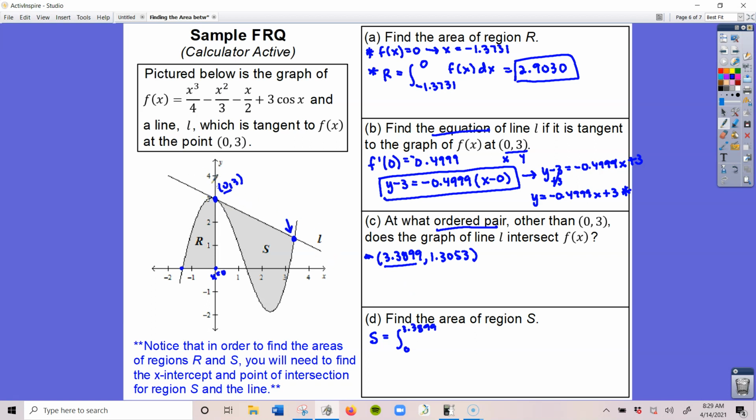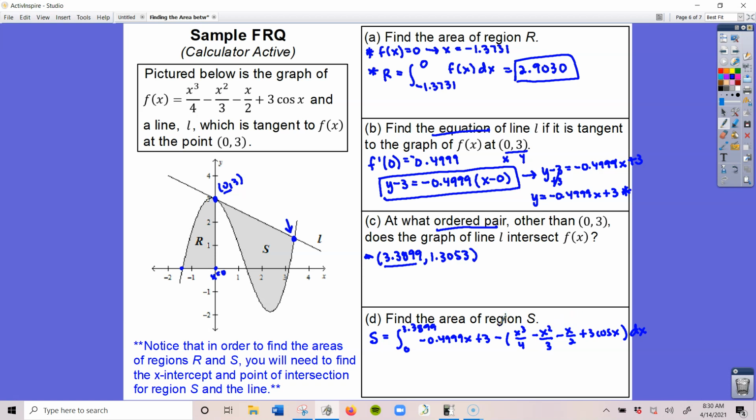And then we're going to do the line, so that is the negative 0.4999x plus 3 minus f of x. So x to the third over 4 minus x squared over 3 minus x over 2 plus 3 cosine x. Now we don't have to actually integrate all of this or even combine like terms if we don't want to.